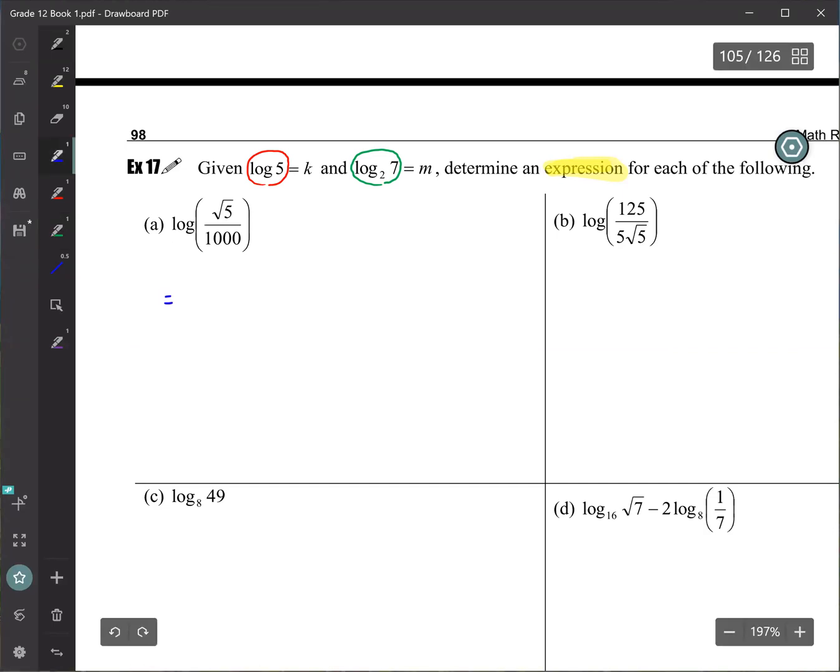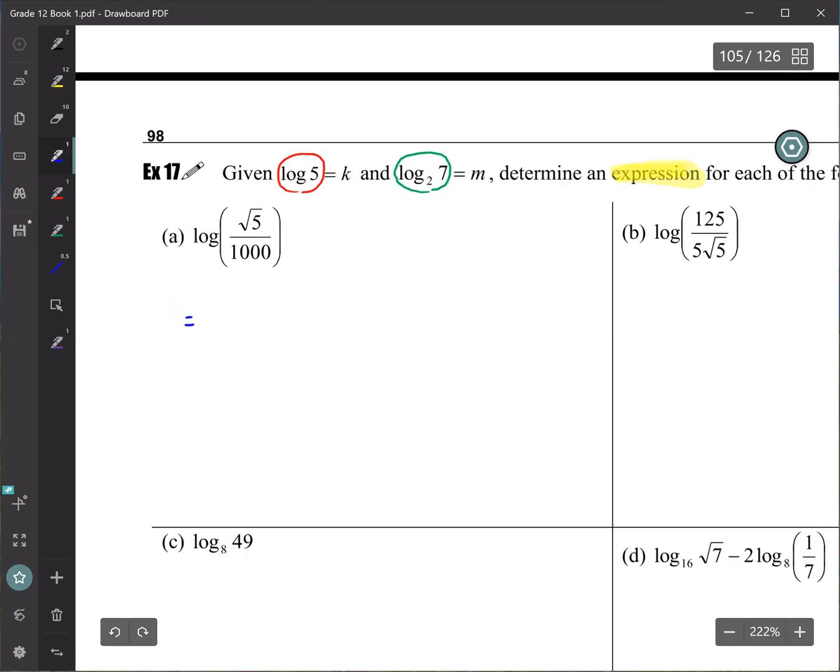So for this one, of course I see 5, right? But this is not just a 5, it's a square root of 5. So I cannot just replace it with k yet, okay? So you need to think about the 6 laws that we learned. Which law can we apply first? So Tiana, what do you think? How do we start? Which rule to use?